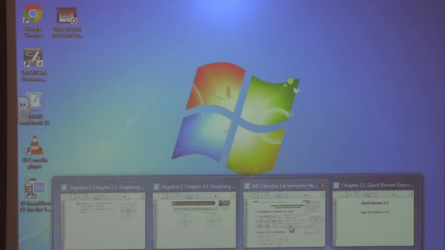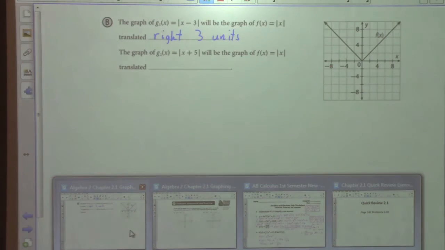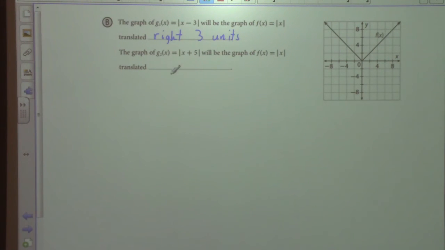Again, as we had in our notes earlier, I call this a counterintuitive shift. And this x plus 5 is going to shift which way? Left 5 units. I want to introduce something else, and I think Atlee got me thinking about this.